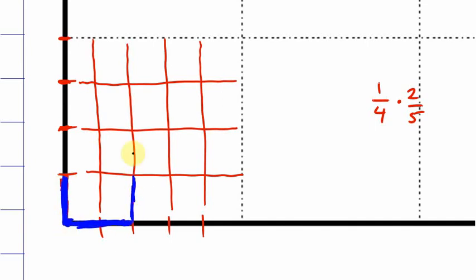Just like earlier, to multiply, we built a rectangle with the 2 side lengths. Now we have a side length of 1/4 represented right along here, and along here, and we have a side length of 2/5 represented this way and this way.